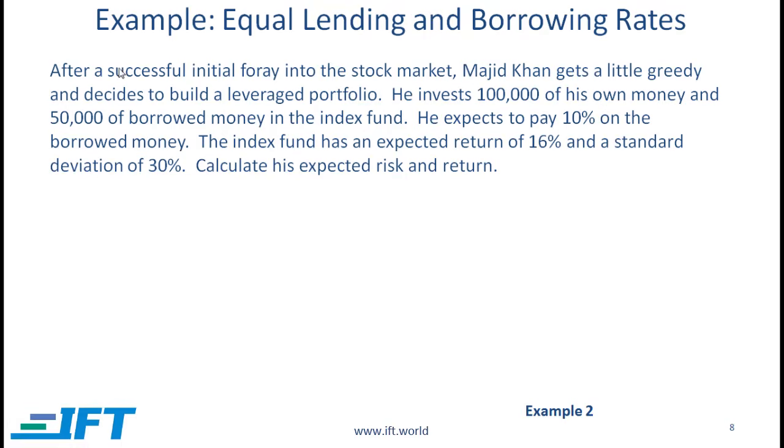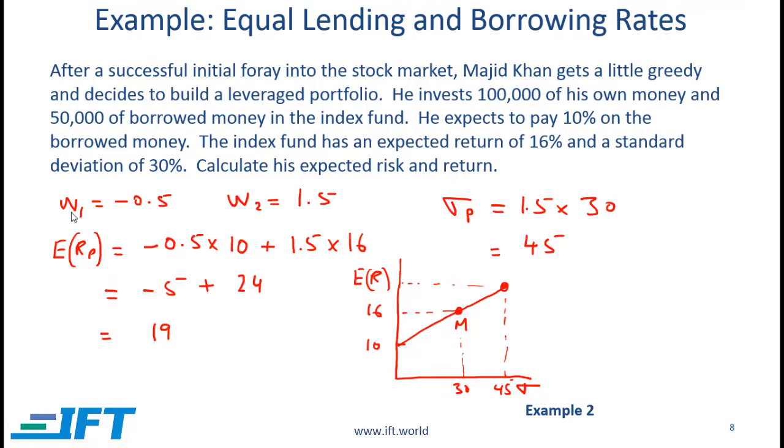I want you to do this exercise now before you look at the answer. Here is what you need to do. The weight on the risk-free asset is minus 0.5. Minus because we are borrowing, and 0.5 because the amount borrowed of 50,000 is 50% of the amount of this person's own money that is invested.